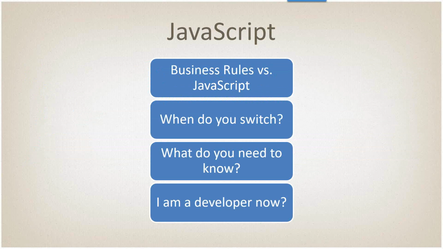Okay, JavaScript. JavaScript is kind of the top end or the final outcome of a lot of customization. What happens with JavaScript is you've exhausted all of the other things that you are able to do with configuration and customization of the user interface. With the addition of business rules, we can now do a lot of things with a business rule that were previously done with JavaScript.